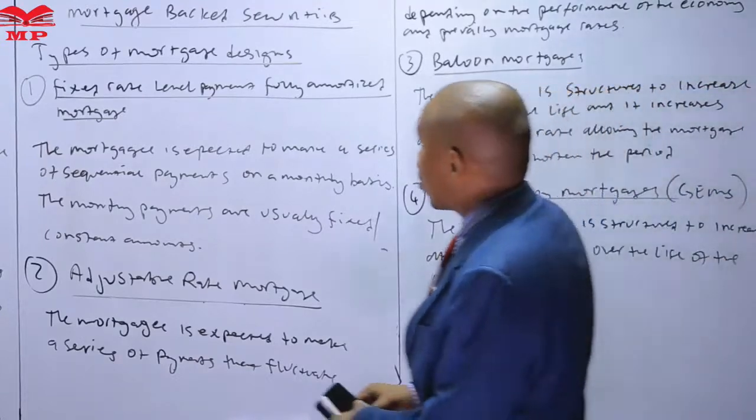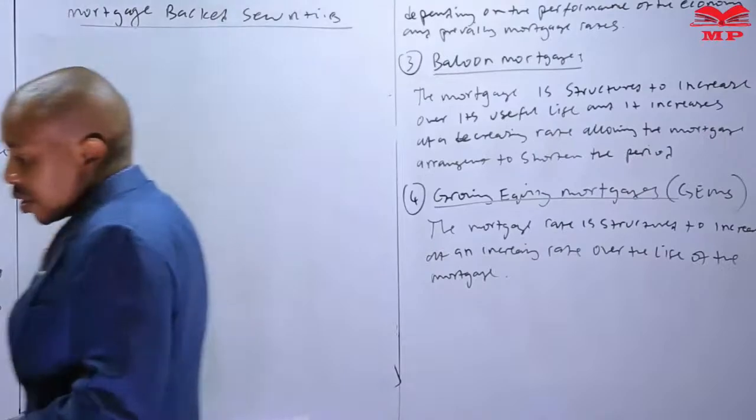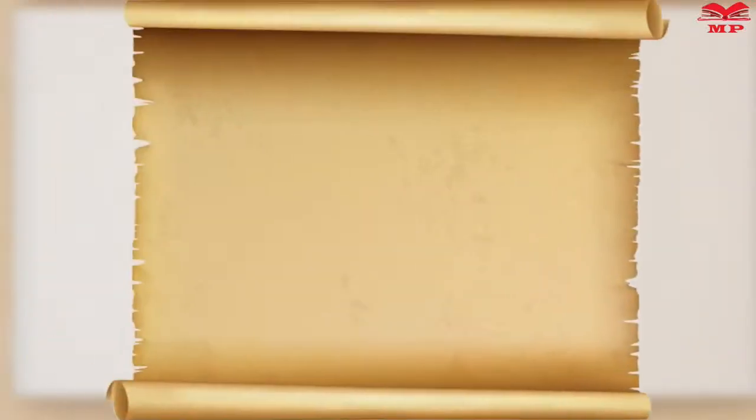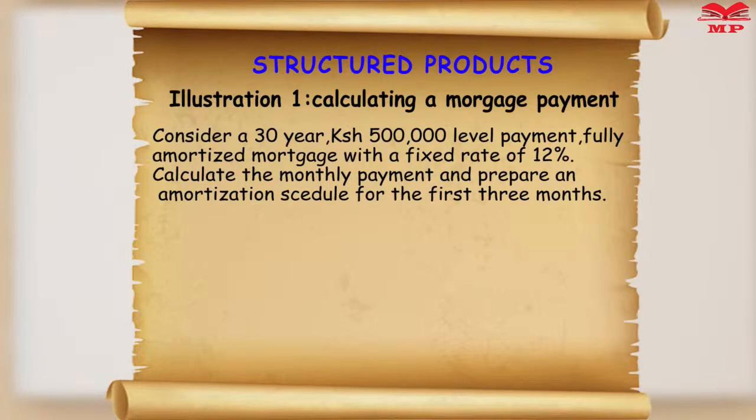So the example reads as follows. Consider a 30-year 500,000 shillings level payment, fully amortized mortgage with a fixed rate of 12%. Calculate the monthly payment and prepare an amortization schedule for the first 3 months.